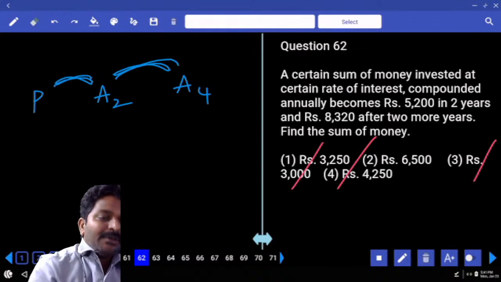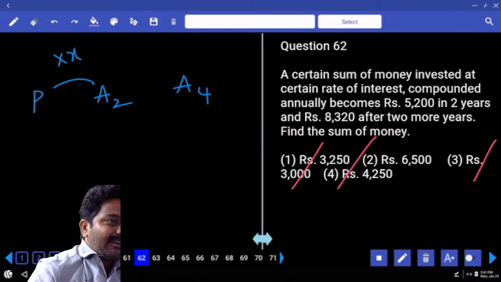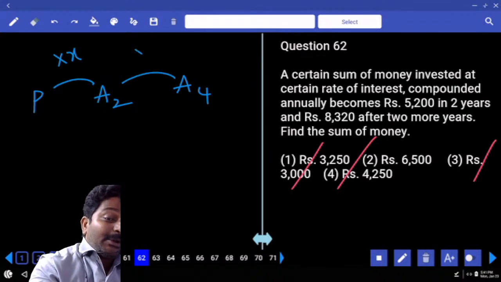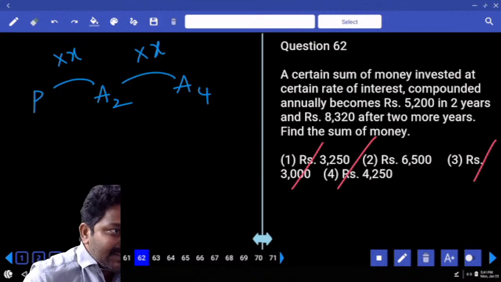So, if the principal becomes X times in 2 years, then for the same period, A2 also becomes X times and then becomes A4. Do you know this logic? Yes?